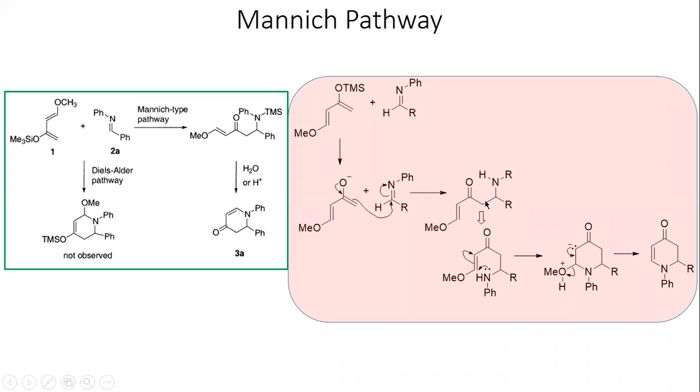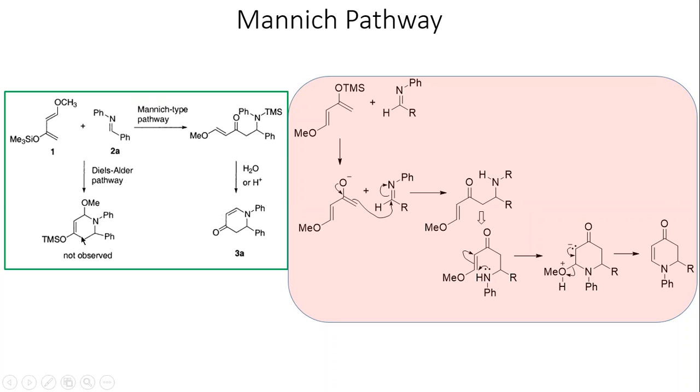So I make this new carbon-carbon bond, and then if I have this in an environment where this can be protonated, right? I can attack here with the nitrogen to form this intermediate, and then if I protonate that methoxy group, I can just lose it through beta elimination, and that's how I get to my product.